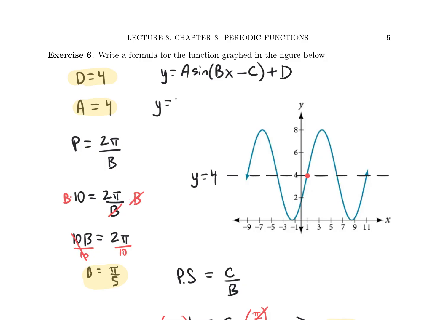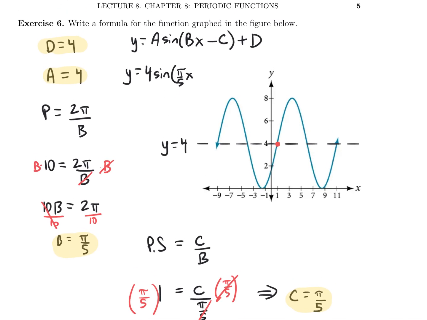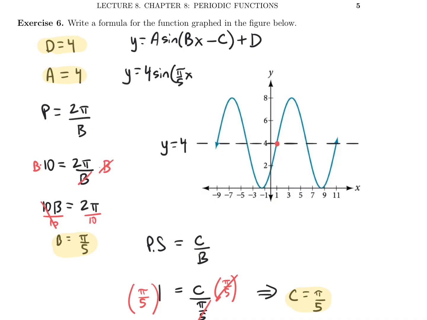So a is 4, b is pi over 5. Don't forget the x. Minus c. C is pi over 5 as well. And d, which is plus 4. So here we go. Our final answer is that function there. All right, we are done with 8.1.